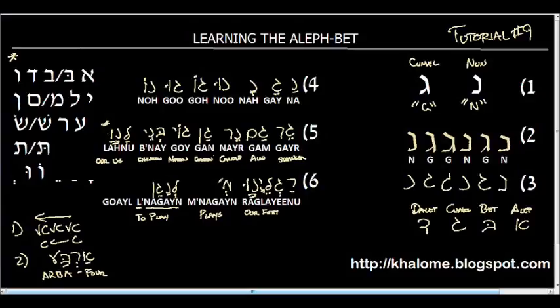We're just replacing the lamed with the mem, and that would be like he plays, or he plays an instrument. So this is to play with respect to an instrument, not necessarily a sport. And then goal, that just means redeemer.